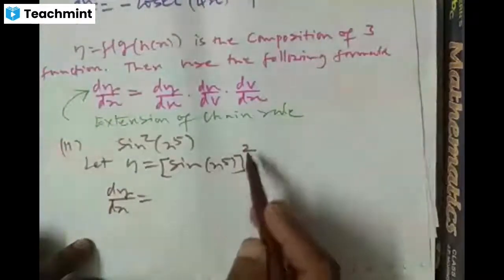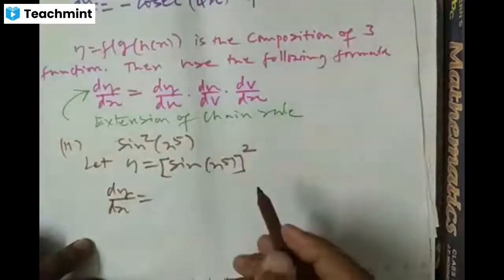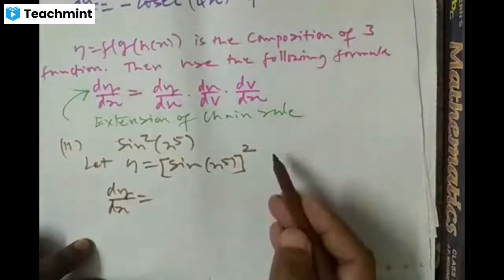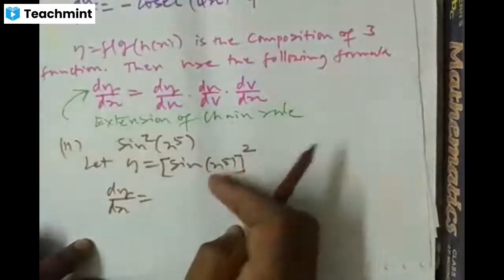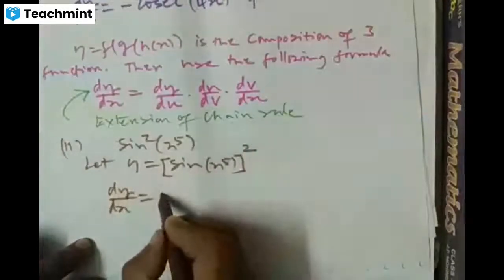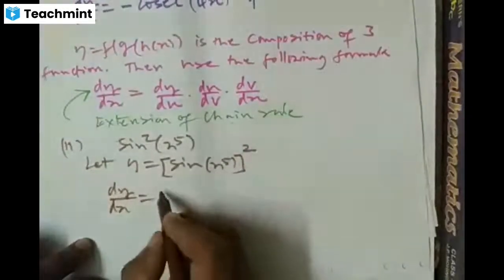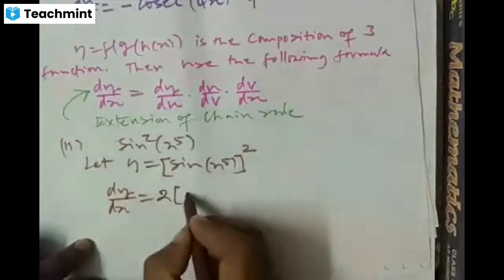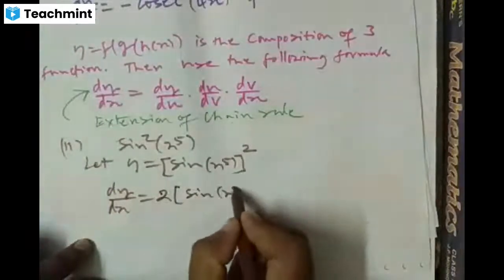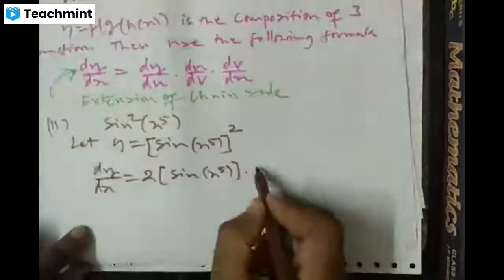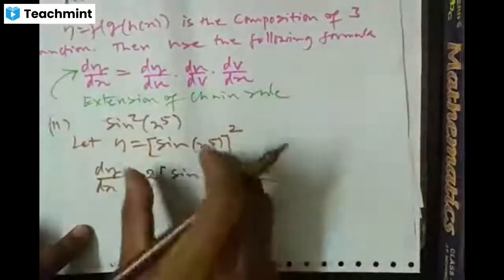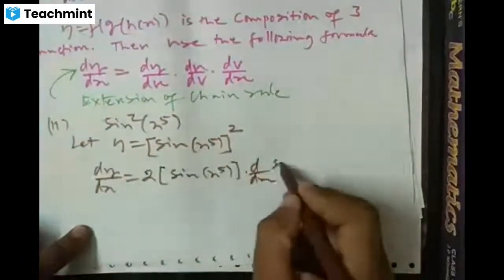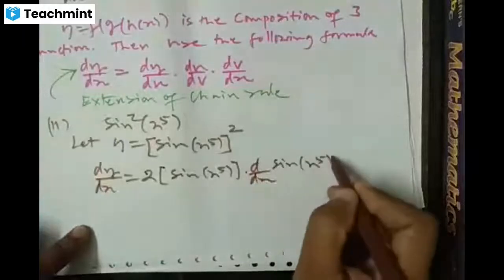What is the derivative of x square with respect to x? 2x. Or if you assume this as u, the derivative of u square with respect to u is 2 times u, right? 2 times u into d by dx of the function within the square brackets, d by dx of sine of x power 5.